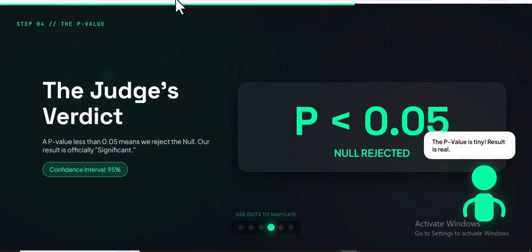For that purpose, we have criteria, and intuitively speaking, we have a judge, which is called the P value. The P value determines whether the beta coefficient value is significant or not. Ideally, the P value should be less than 0.05.